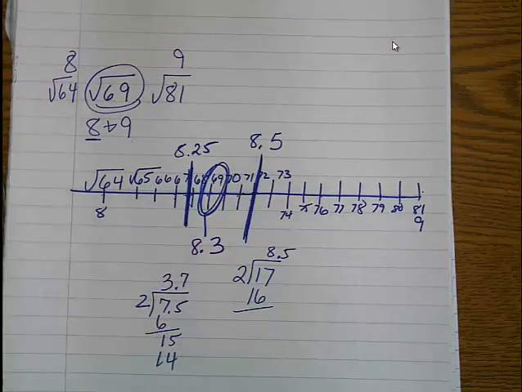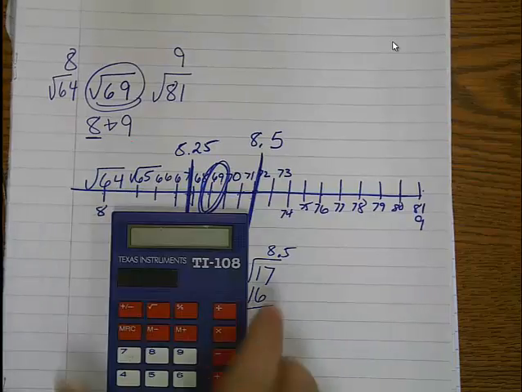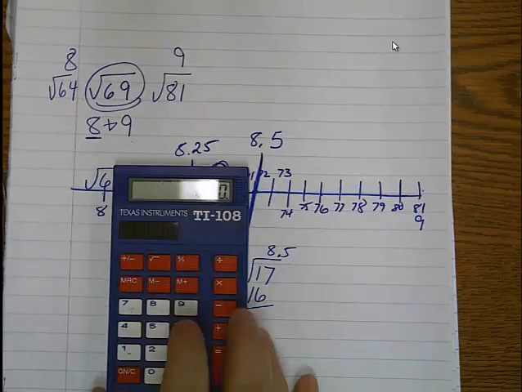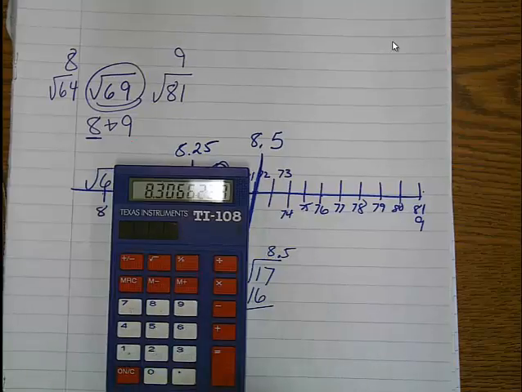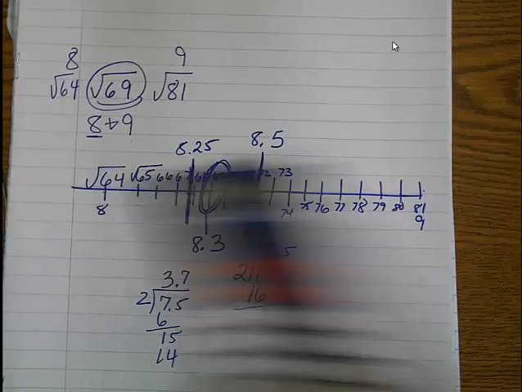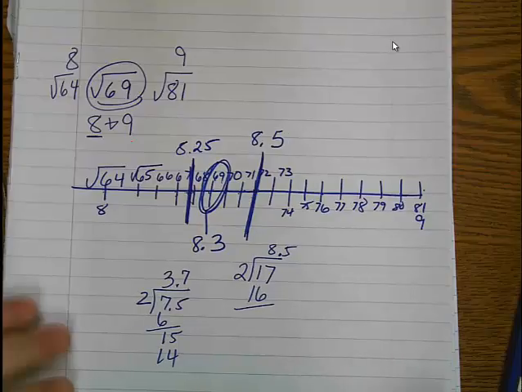Well, let's get out a calculator and see. So, the square root of 69 is 8.3 exactly. How cool is that? All right, let's try another one.